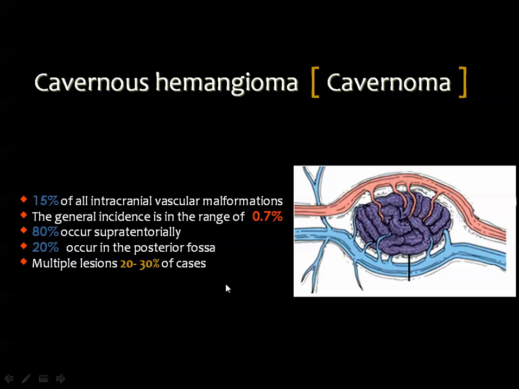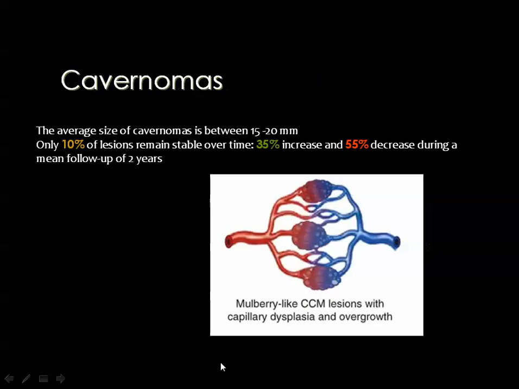Multiple lesions occur usually in 20 to 30% of cases, but in familial patients, where this lesion is familial, multiple lesions may be seen in up to 90% of the cases, as I will show you. And cavernomas or cavernous hemangiomas are abnormal lesions at the capillary level.